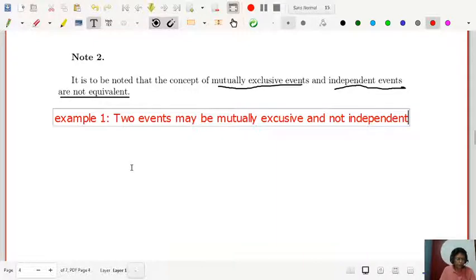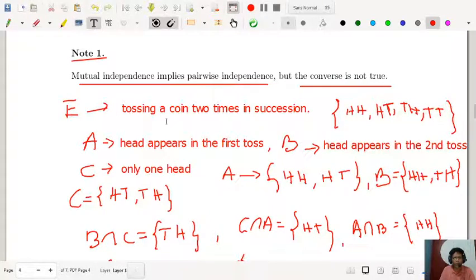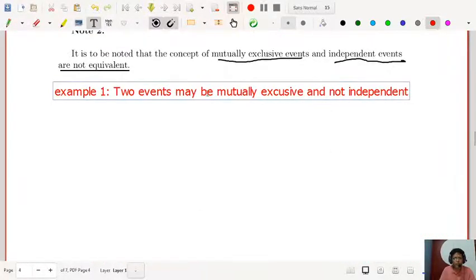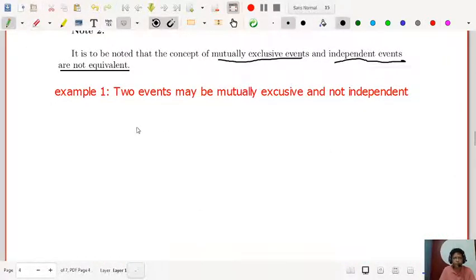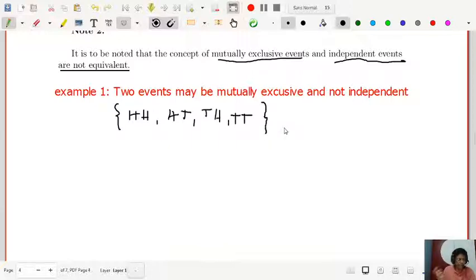Let us take the same example, tossing a coin 2 times in succession. So the event space is head-head, head-tail, tail-head and tail-tail, where H denotes the head and T denotes the tail.